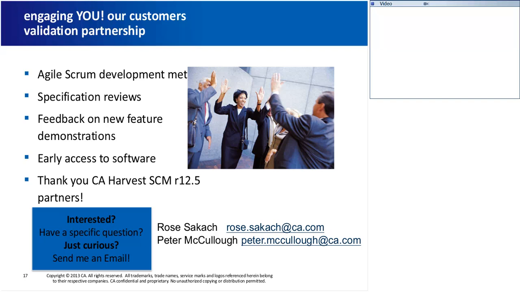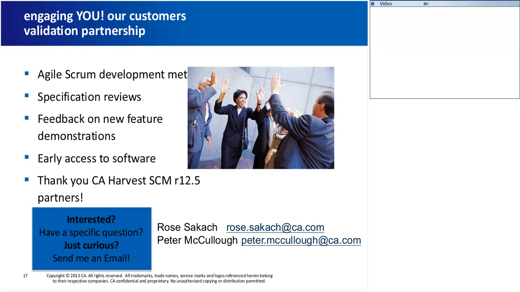And finally, before I turn it over to Kevin to go into details on the R12.5 feature set, I wanted to remind everyone that we are continuing to develop Harvest in an Agile Scrum development methodology. And what that means is that we are continually looking to engage all of our customers, all of you, to participate in the validation process along the way.